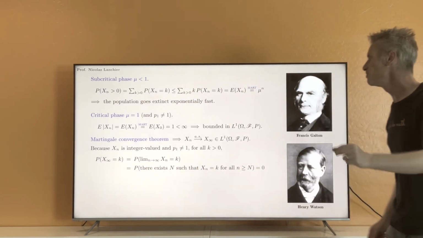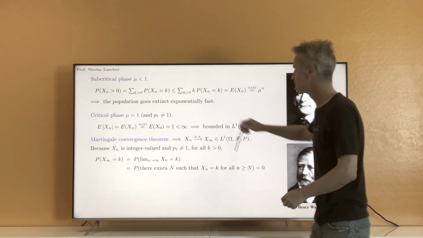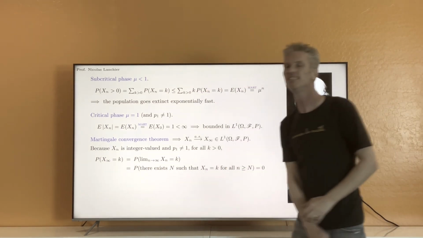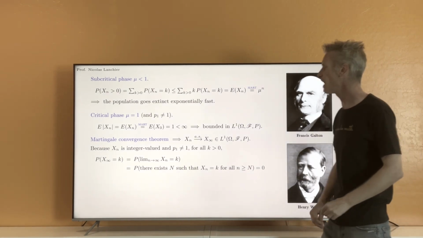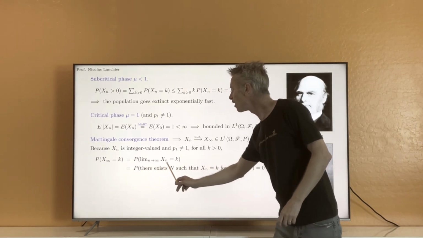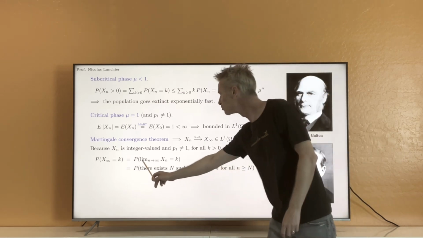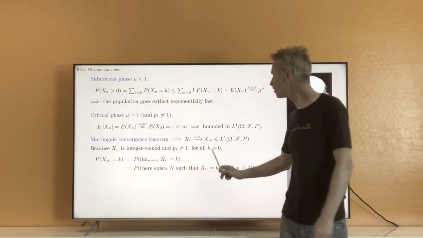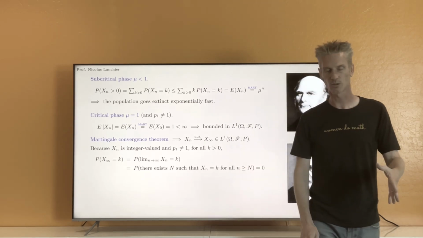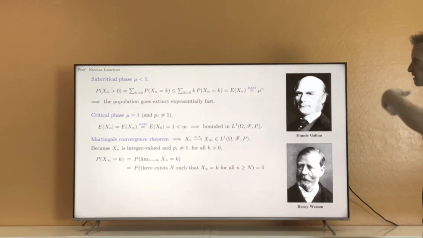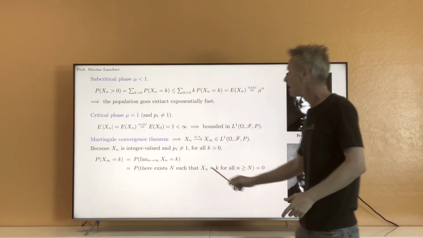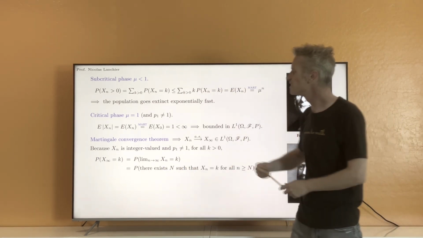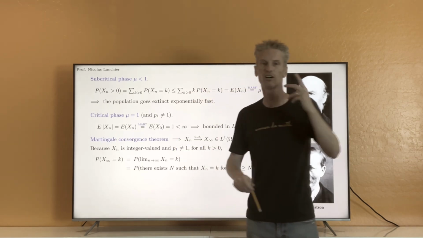Then, if I just use the definition of limit almost surely, saying that X infinity is equal to k is exactly the same as saying that the limit of the Xn is equal to k. So we want to prove that the probability that the limit equals k, for all k strictly positive, is equal to 0. To conclude that, a key assumption in the model that we need to use is the fact that Xn is integer valued.